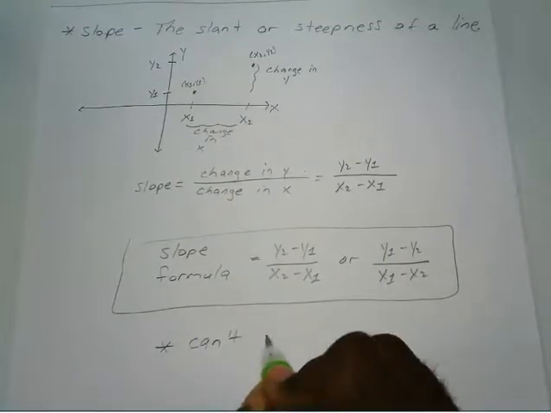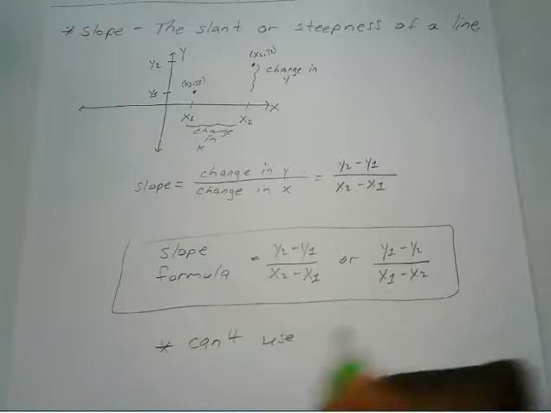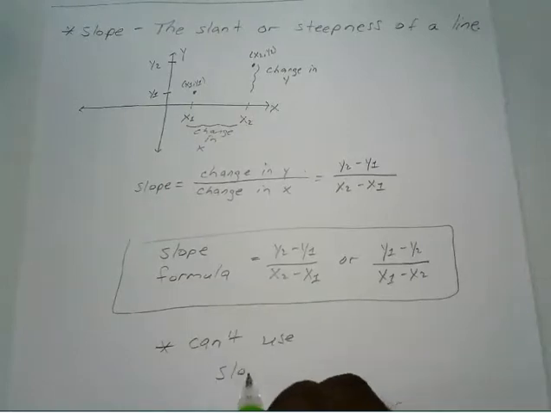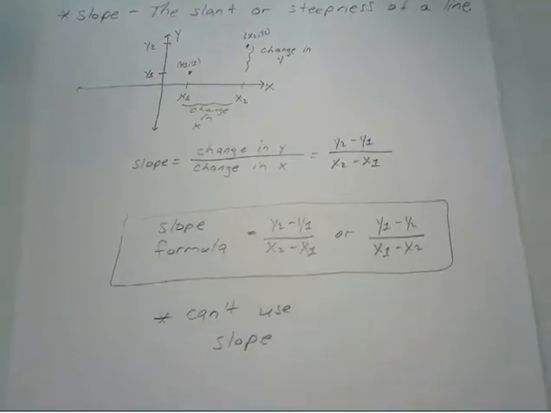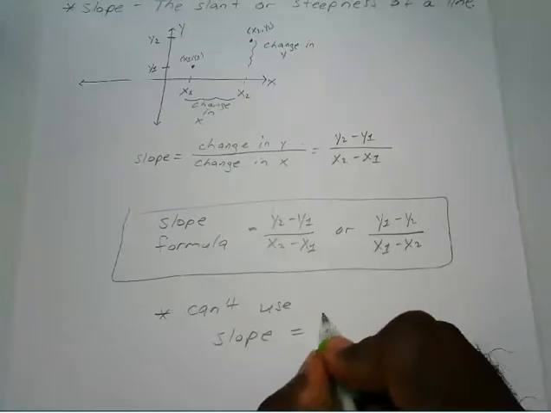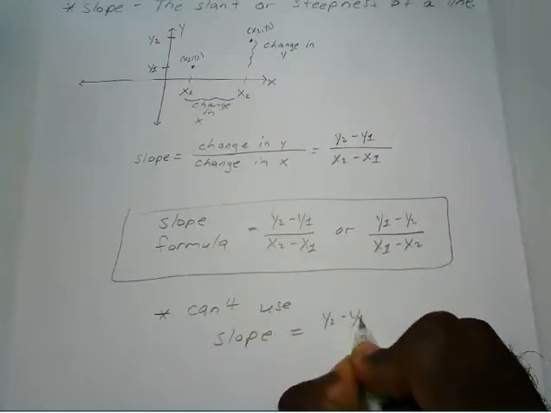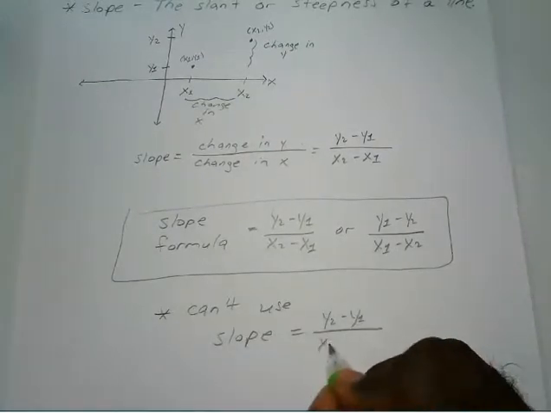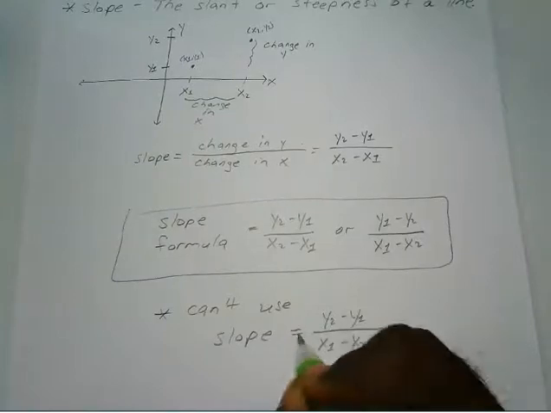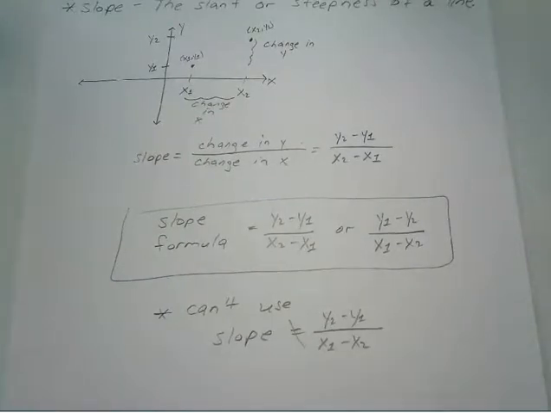You can't use, let's say, the slope, move that up a little bit, is equal to y2 minus y1 over x1 minus x2. You can't use that.